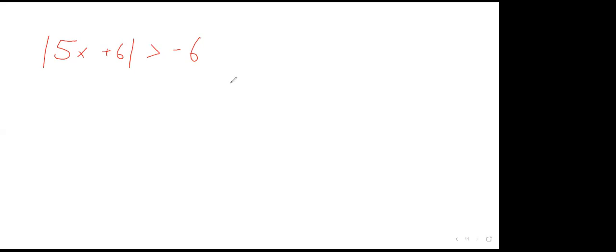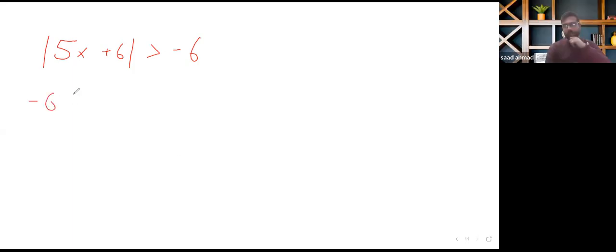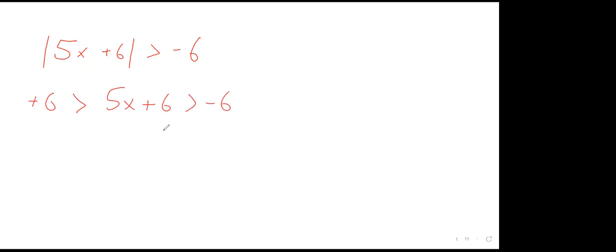No? So should we rewrite 5x plus 6 like this? Oh, actually negative times negative will make it positive, right? Should we rewrite it like this? Maybe, I'm not sure.